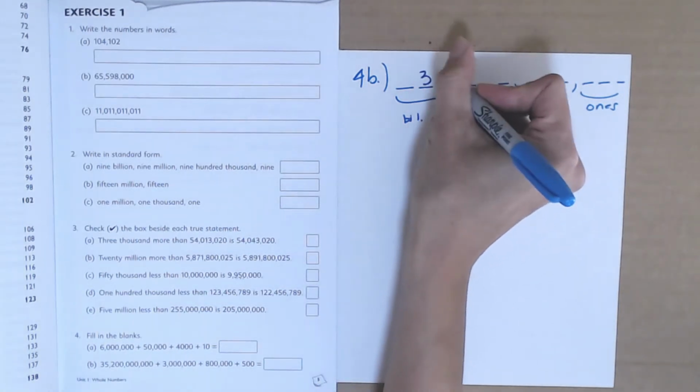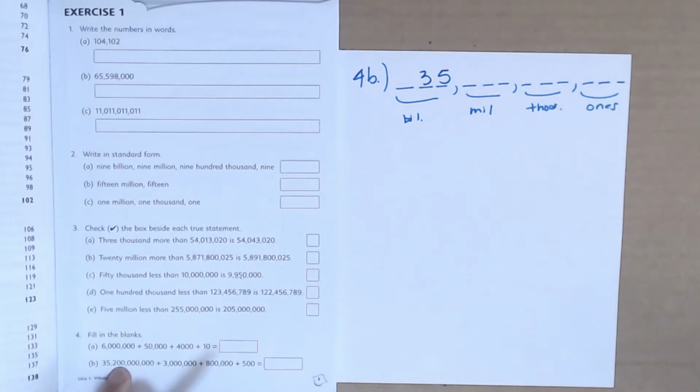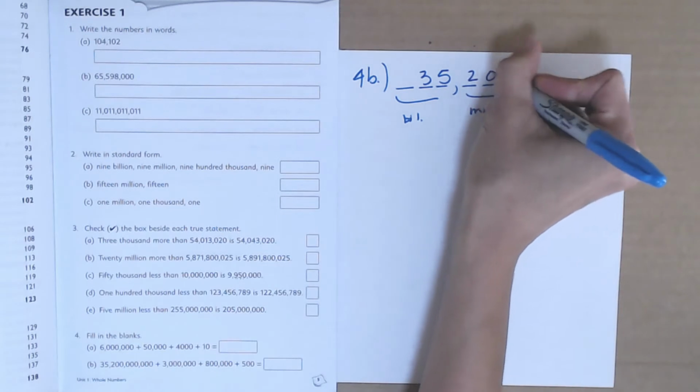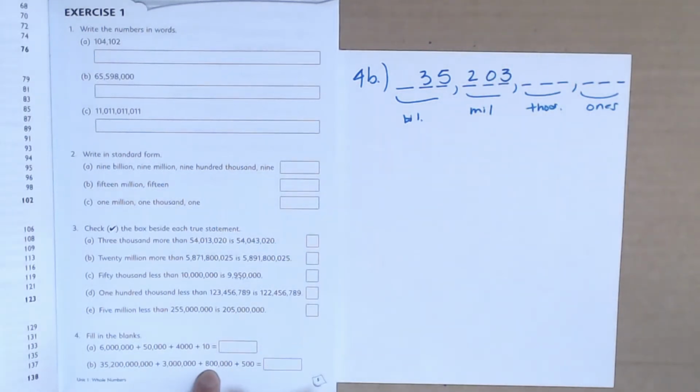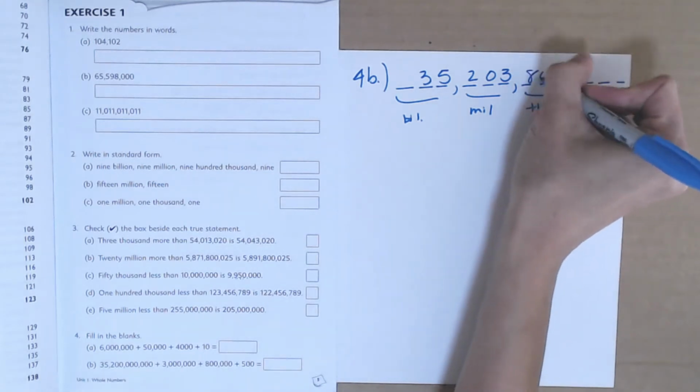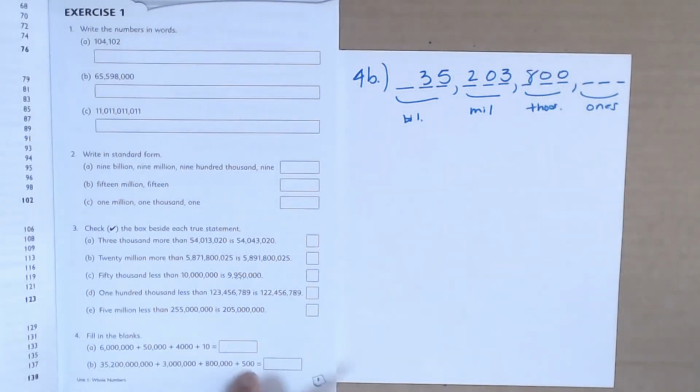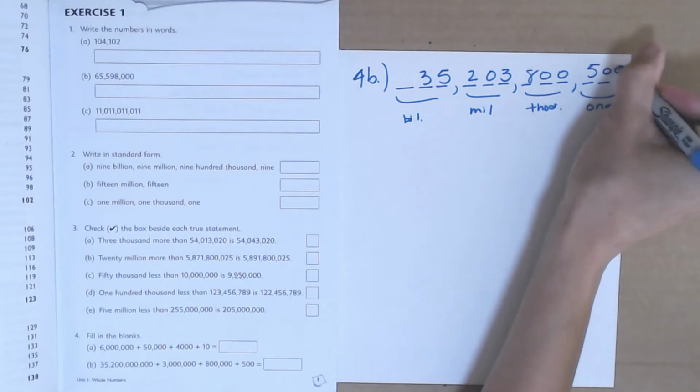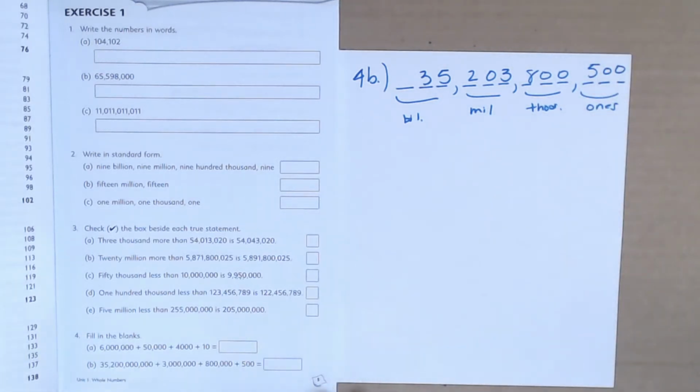So 35 goes in my billions. Now my millions, I have 200 million here, but I also see over here I have a 3 million. So I'm going to have 203 million. And then for thousands, I'm going to have 800,000. And for my ones, I'm going to have 500. So that's how you write that number.